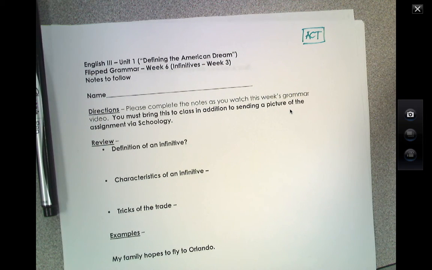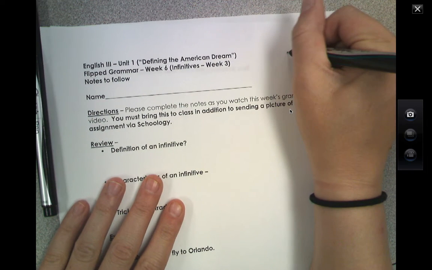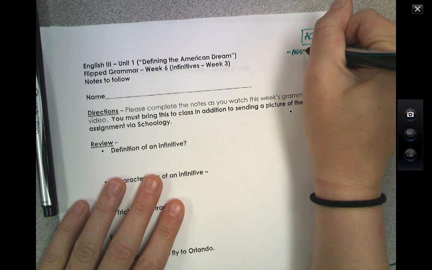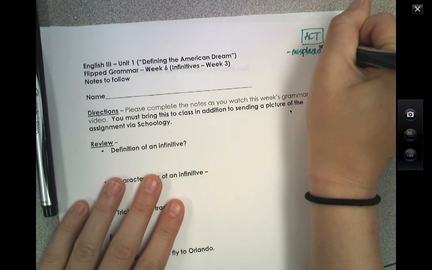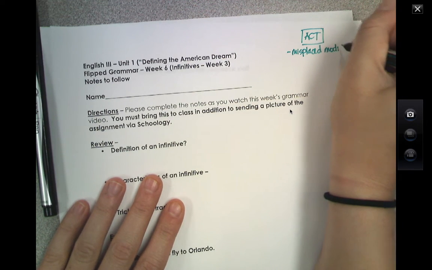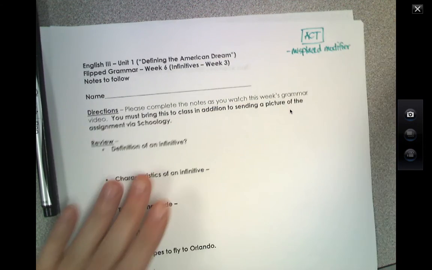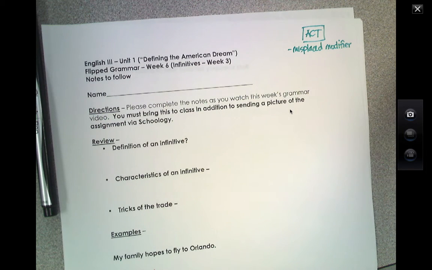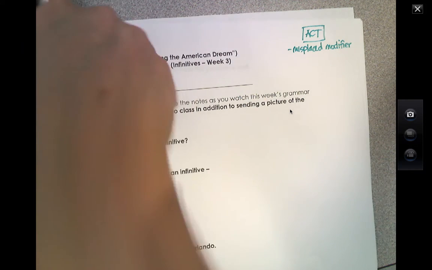For the ACT, one of the most commonly given questions is called the misplaced modifier question. That means a modifier is put in the wrong spot and it's modifying or describing the wrong thing.